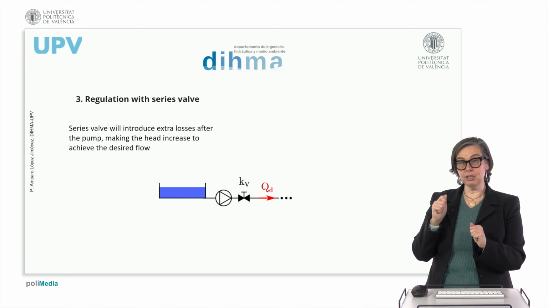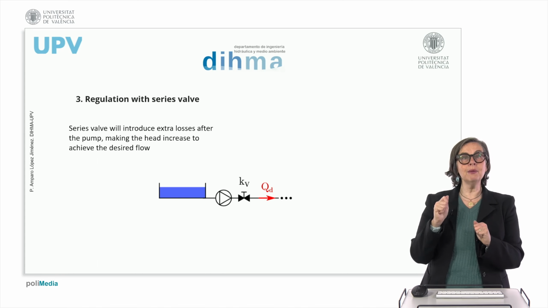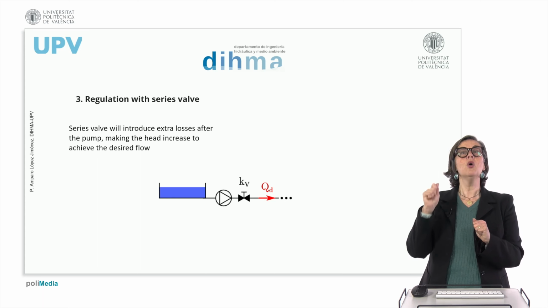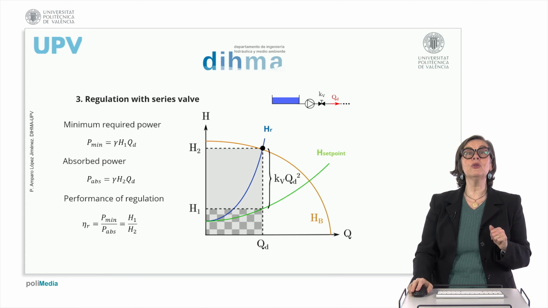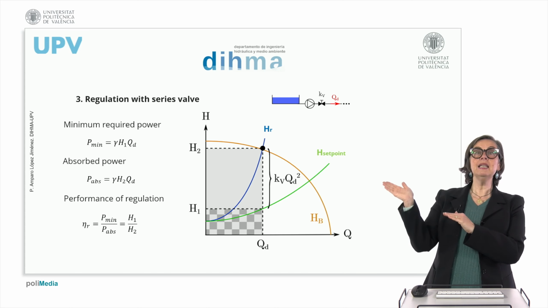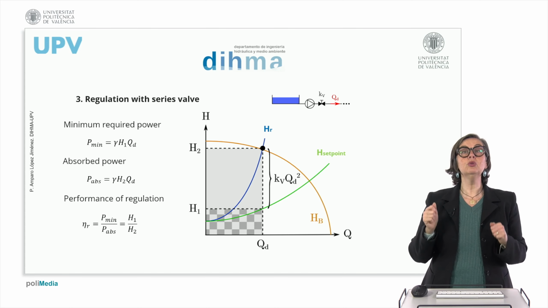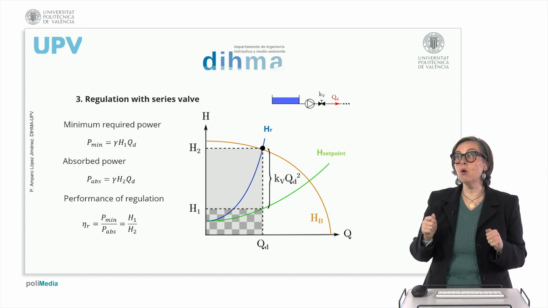Related to the pump position, we can implement the valve in series after the pump. In this case, we will increase the pressure needed for the system to give a particular flow.